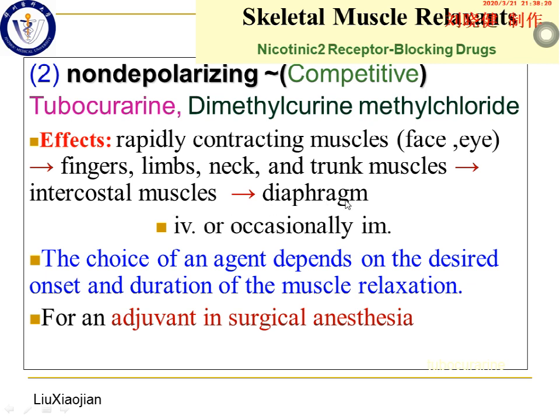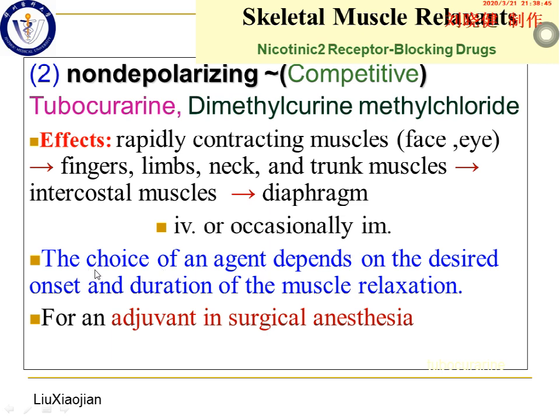The diaphragm is the last one. The recovery of the skeletal muscle is in the reverse manner. These drugs are usually administered intravenously or occasionally intramuscularly, but not orally.